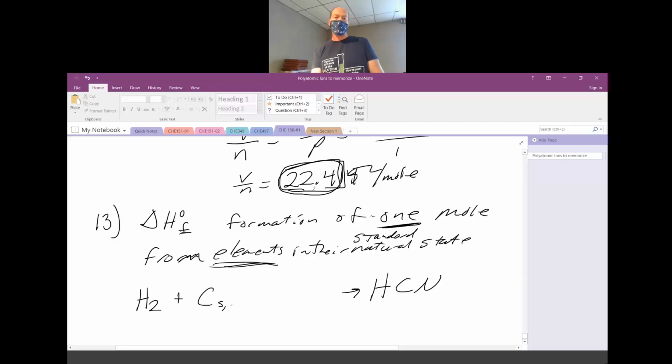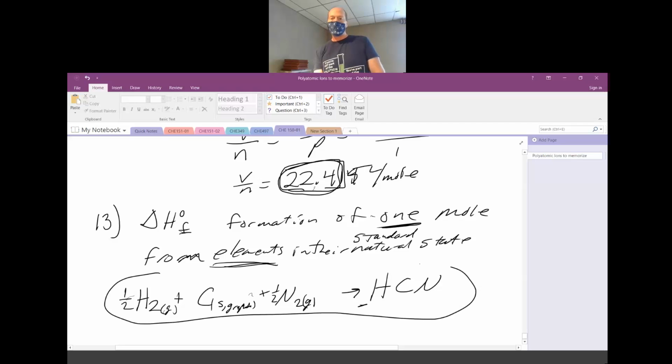Carbon, solid, graphite. The standard state of nitrogen is a diatomic gas, N2 gas. And we have to leave this as a 1. So many times when you're writing this reaction, you're going to have to use fractions. So that is a 1/2 to give you 1 hydrogen and a 1/2 to give you 1 nitrogen.